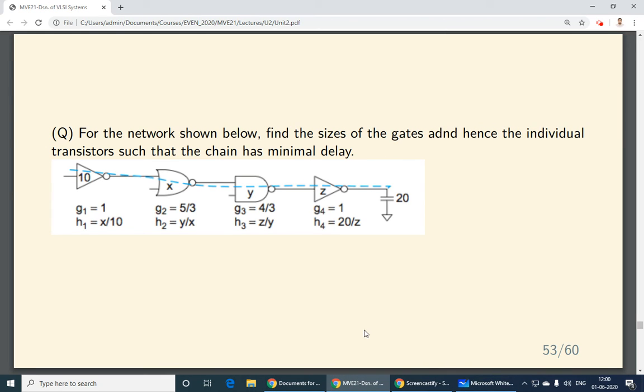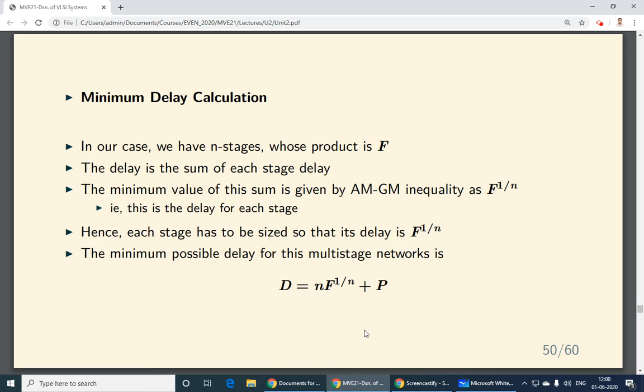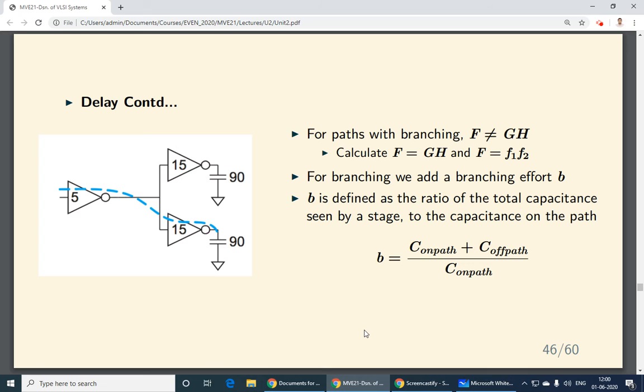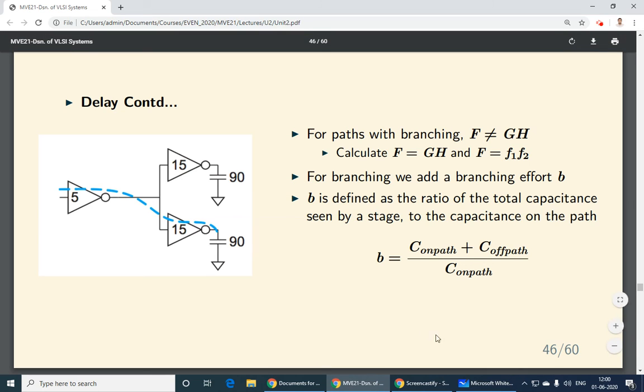Now, this is the method of logical effort, and this is almost 75% of the method. One small addition we need, which I skipped over before, is when there is what is called a branching in the path. For example, here we see that it's going along two directions.